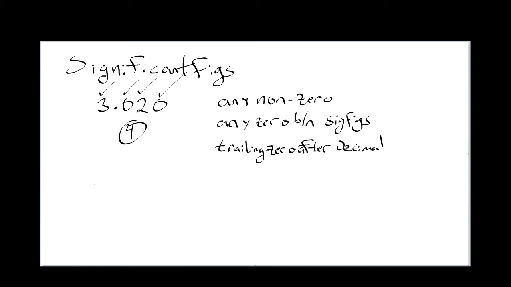But when you look at this one, this 2 is significant because it's not 0. This 0 is significant because it's a trailing 0. These are not significant. This is not after the decimal place. These are not trailing zeros. Okay?